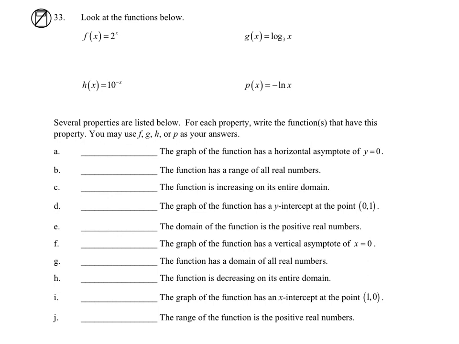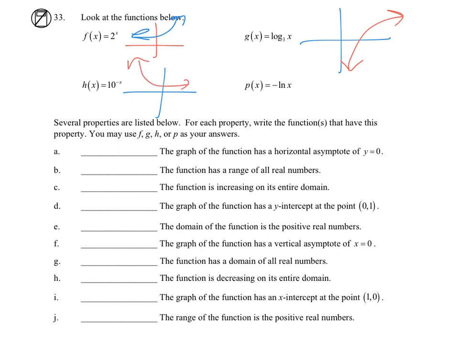So I think what I'm going to do is make a sketch of each function to begin with. This is 2 to the x, log base 3, 10 to the negative x is a decay, and negative ln x this way.